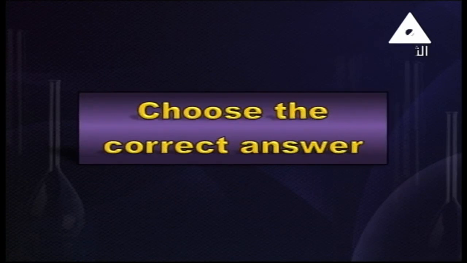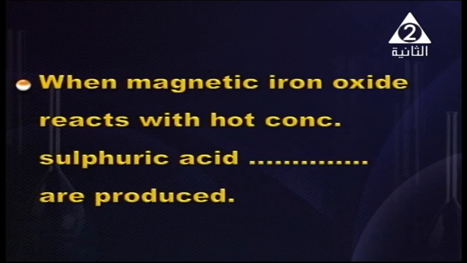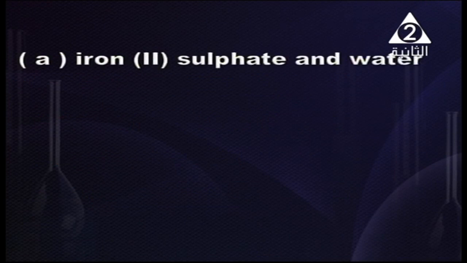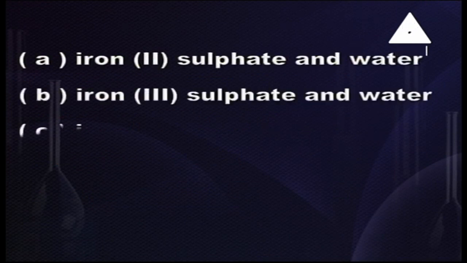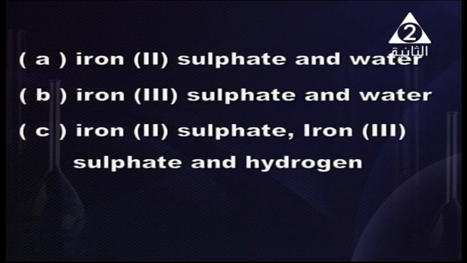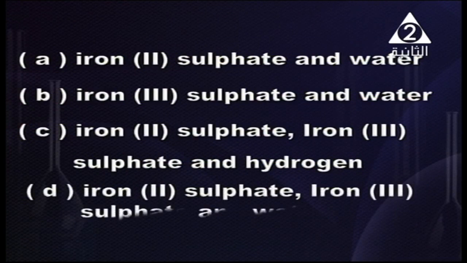Next type of question is choose the correct answer. The first point: when magnetic iron oxide reacts with hot concentrated sulfuric acid, what is produced? Is it iron 2 sulfate and water, iron 3 sulfate and water, iron 2 sulfate and iron 3 sulfate and hydrogen, or iron 2 sulfate and iron 3 sulfate and water?